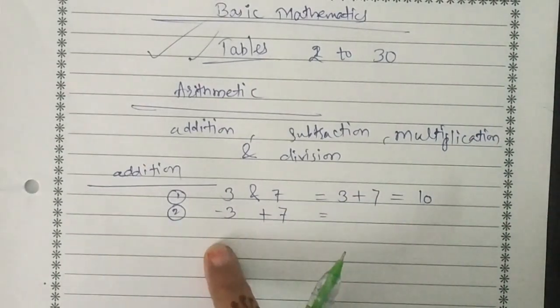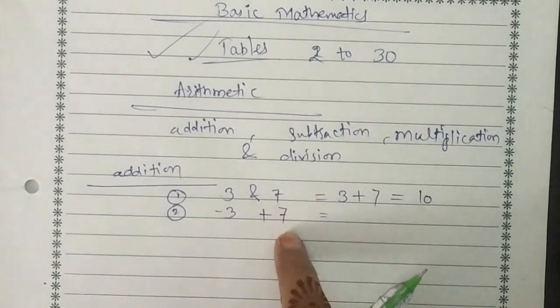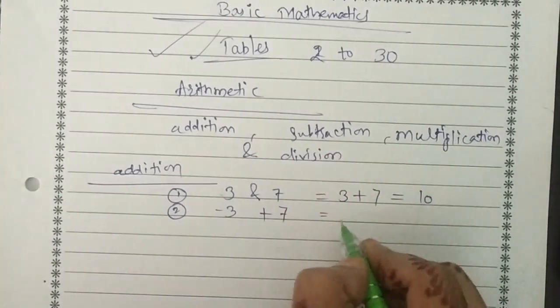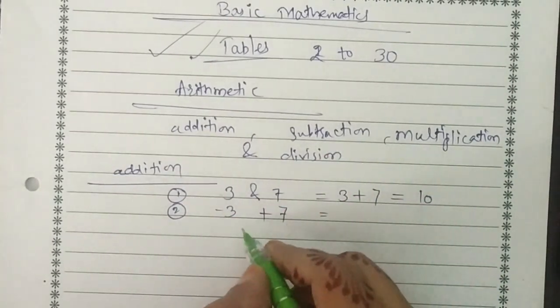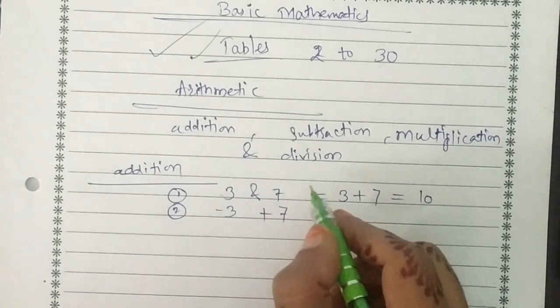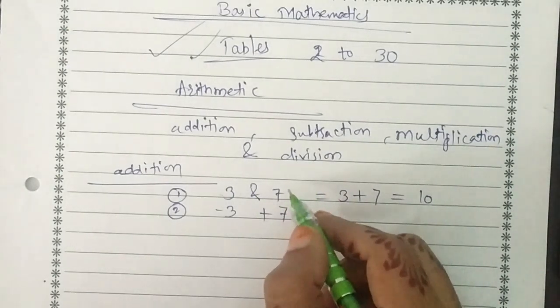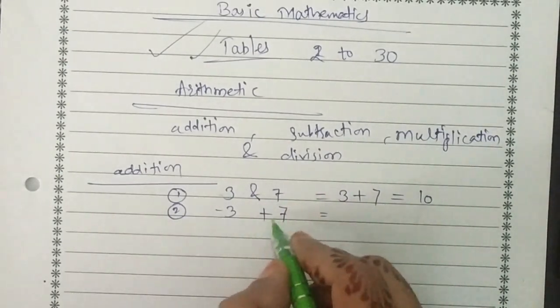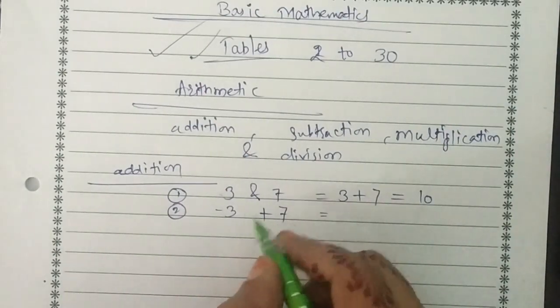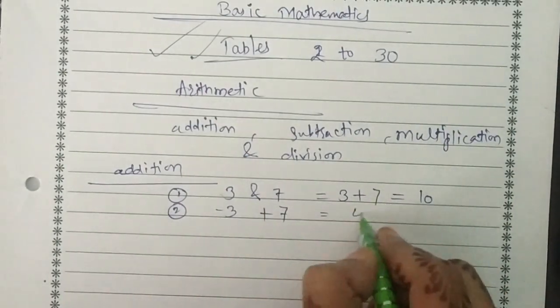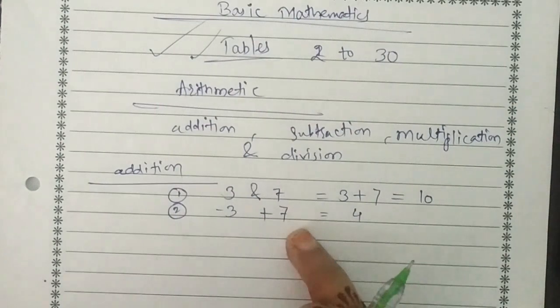Here you can see one integer is minus and the other is plus, so you need to do a subtraction. You subtract the smaller number from the bigger number and give it the sign of the bigger number. Subtract 3 from 7, you get 4, and the sign will be of the bigger number.